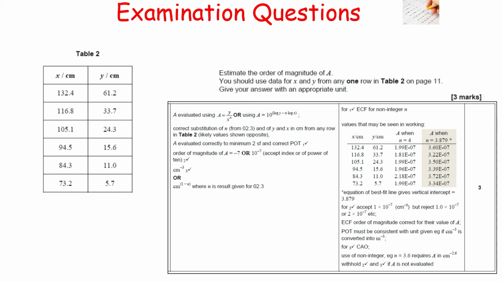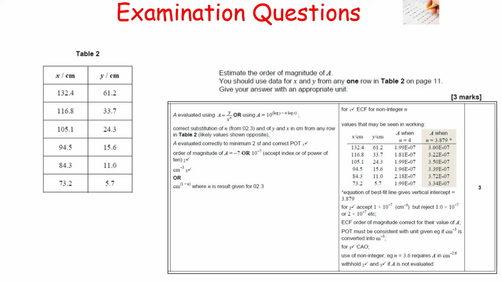So what you can then do for any of the rows is work it through, for example 61.2 over 132.4 to the power of 4, and work out your value like that. And then you can see from the graph they're all going to be of the magnitude of 10 to the minus 7. So the answer is going to be 10 to the minus 7.